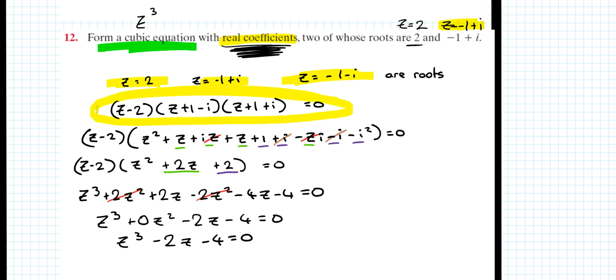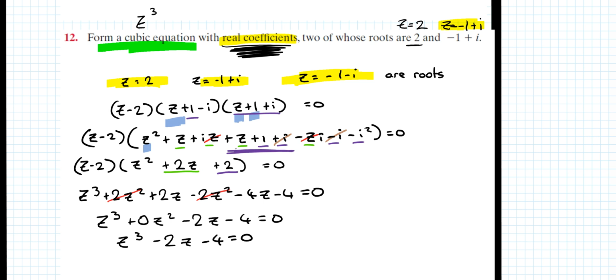Okay, well, brilliant. If I have factors, all I need to do is then multiply out the factors to find the equation. So I start with 3 brackets, slowly multiplying it together. z by z is z squared. z by 1 is z. z by i is iz. 1 by the second bracket here is just going to give us the entire second bracket again, which is fairly easily done.